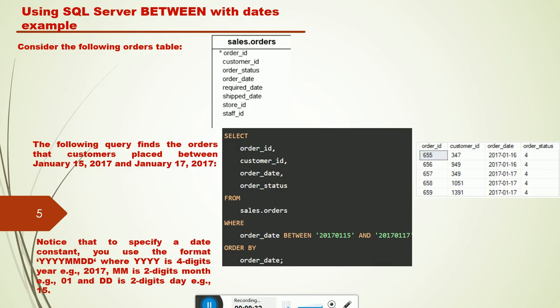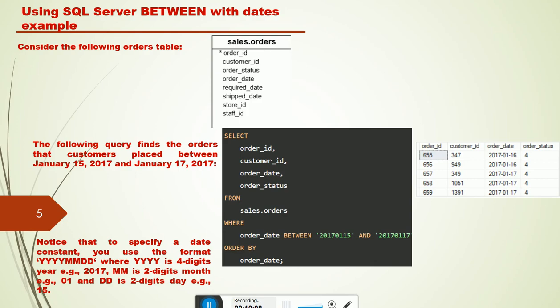See the query: select order ID, customer ID, order date, order status from sales.orders where order date between 2017-01-15 and 2017-01-17.